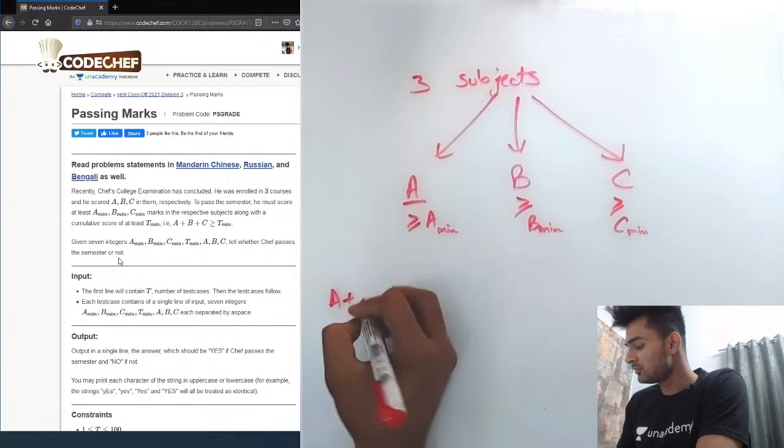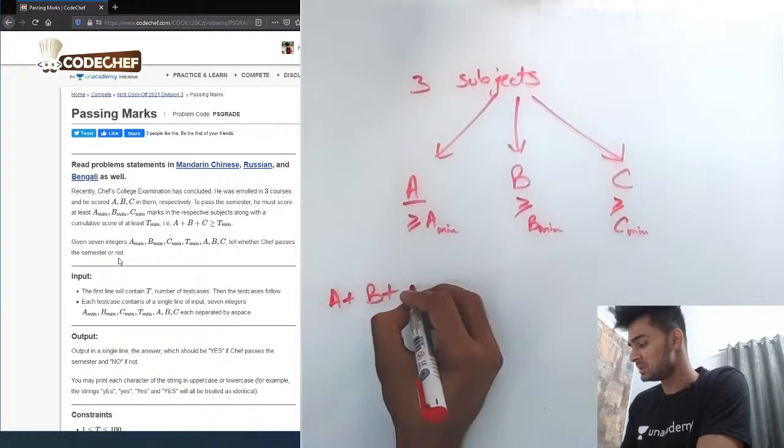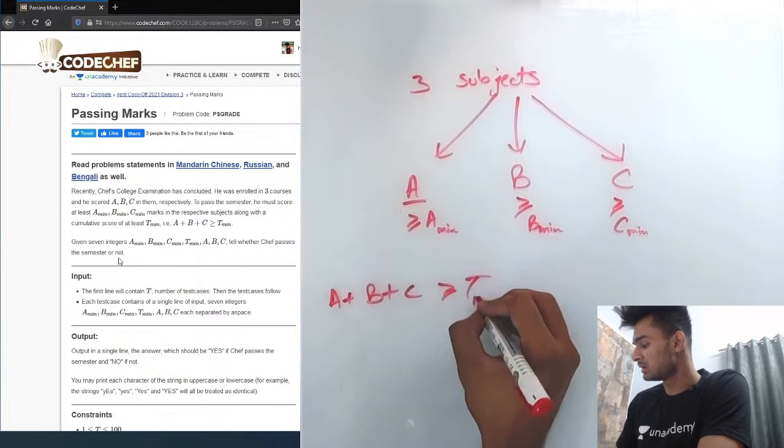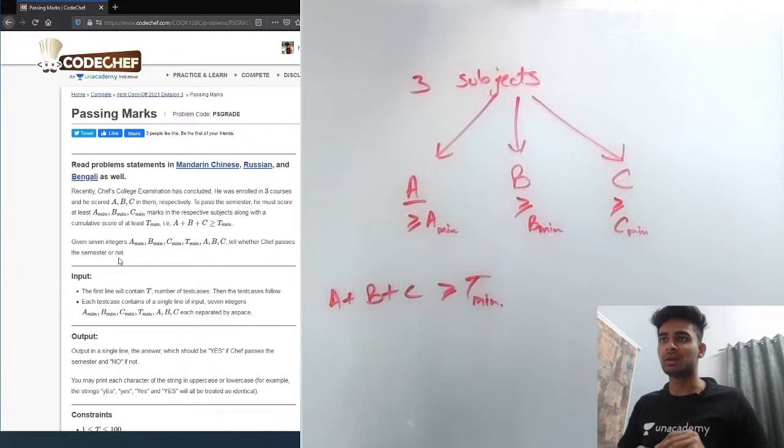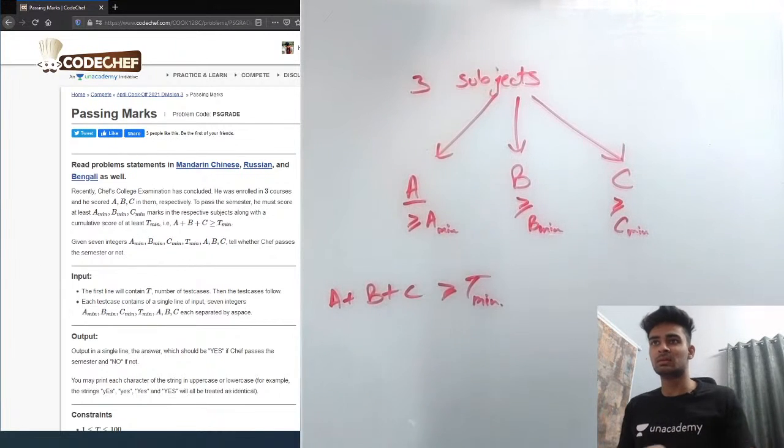And the cumulative sum of all three subjects, A plus B plus C, should be greater than or equal to T-min. So I think the problem is pretty straightforward. All we have to do is write code. Let's write the code for this particular problem.